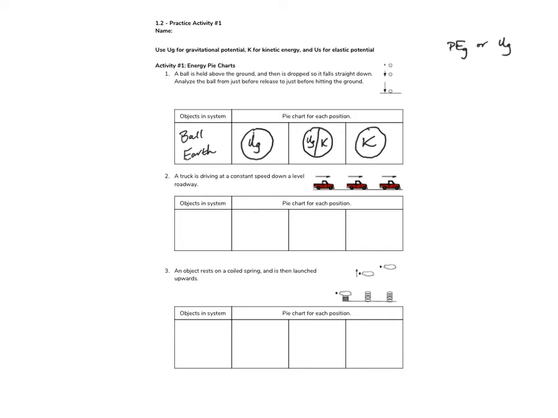All right, next one. Truck driving at a constant speed down a level roadway. The objects in our system here, we have the truck and we have the earth. Now, if you look at this system, this truck is at ground level, so there is no gravitational potential energy. There's no elastic objects here. And if you take a look, all of these motion arrows that you have here, they're the same length.